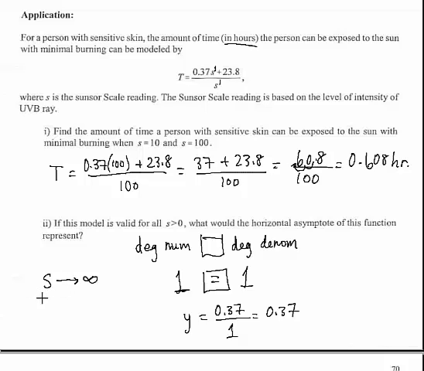Okay, so for instance, if we were to calculate the time for minimal burning of, let's say, 1,000 versus, I don't know, 10,000 on the Sunsor scale. I've never heard of this scale, but 1,000 versus 10,000, it's probably not going to vary much as we get closer and farther to the right on the scale. So the difference in time is probably not going to be much. So T in either case is going to be approximately 0.37.